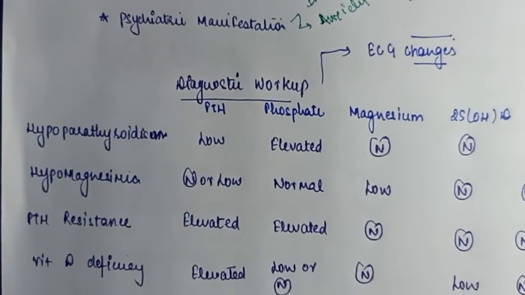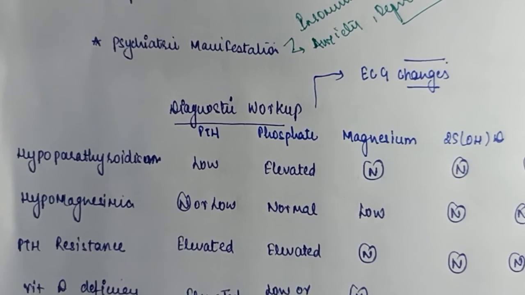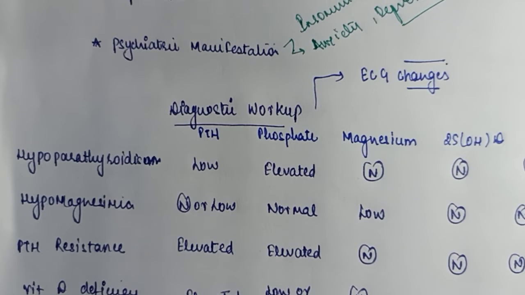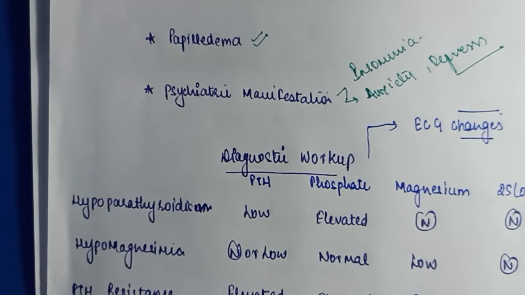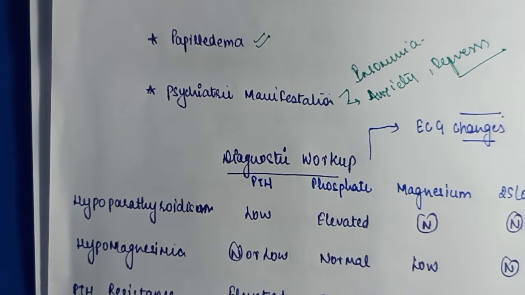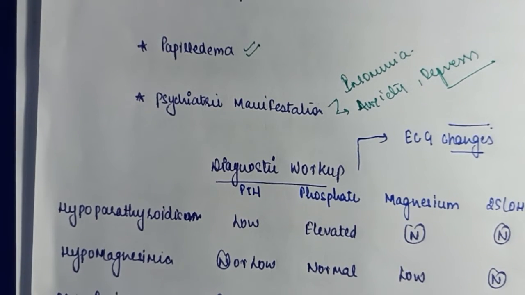So how will we diagnose that it is hypocalcemia and what can be the reason for it? Like we have already discussed, the main reason can be hypoparathyroidism. It can be vitamin D deficiency, hypomagnesemia, chronic kidney disease, or parathyroid hormone resistance. So what are the important parameters we should look at the time of diagnosis?